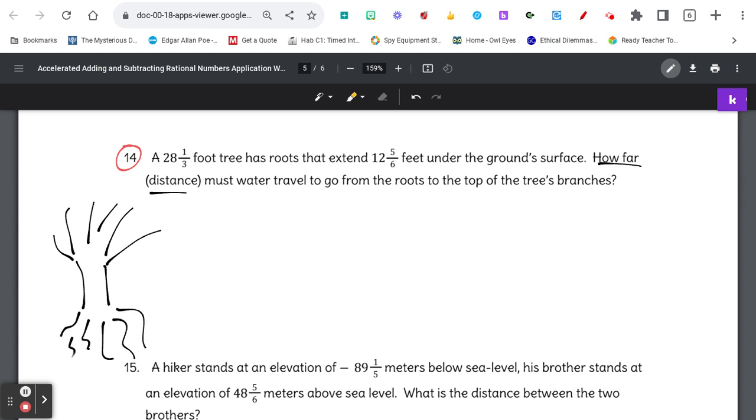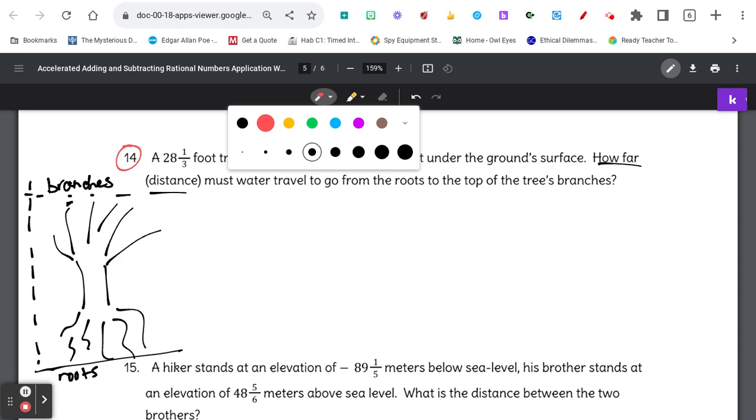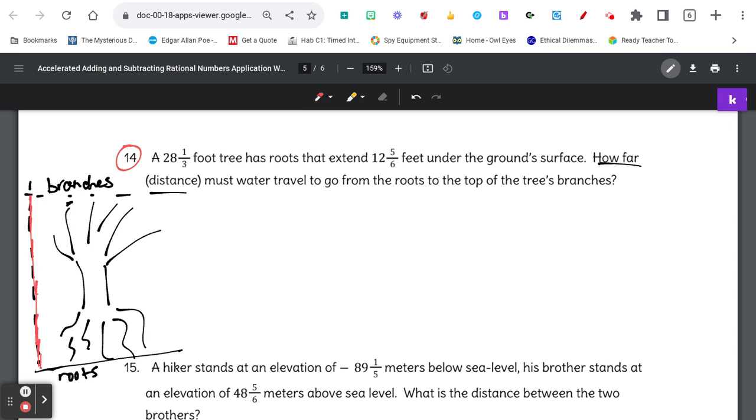I want to know how far they must travel from the roots all the way to the top to reach the tip of the branches. In other words, I need this distance right in here. That's the distance I need.